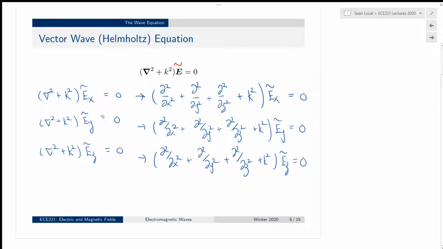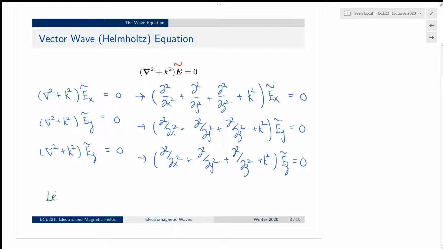So this may seem like a daunting set of equations to solve initially, but it's a lot easier if we make some assumptions about the electric field that we're trying to solve for first. So let's make a few assumptions to help understand these equations a little bit better.